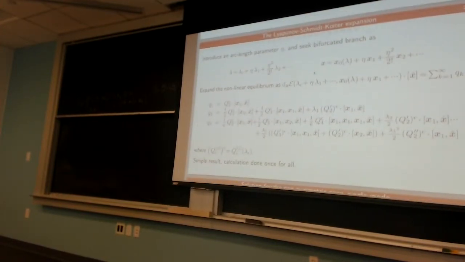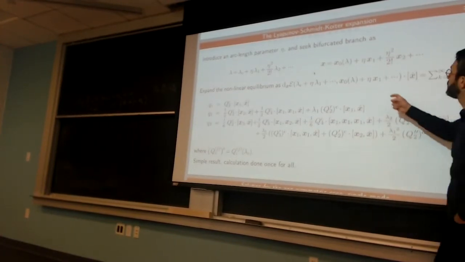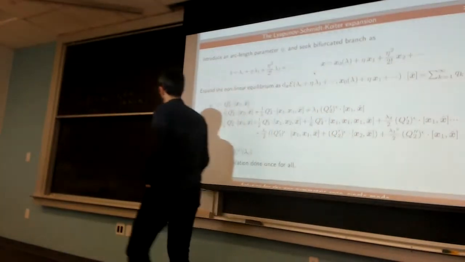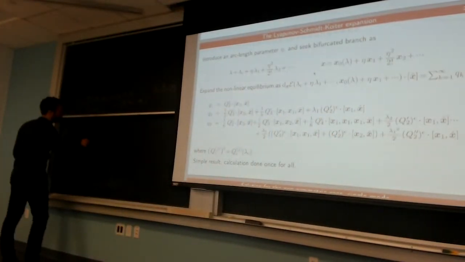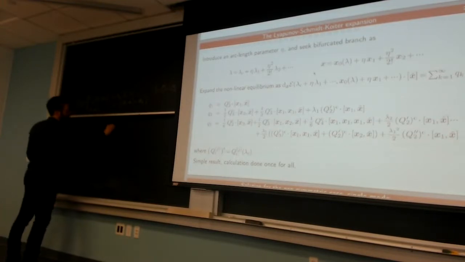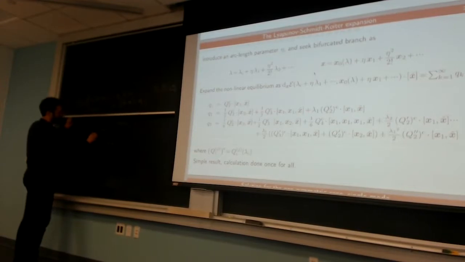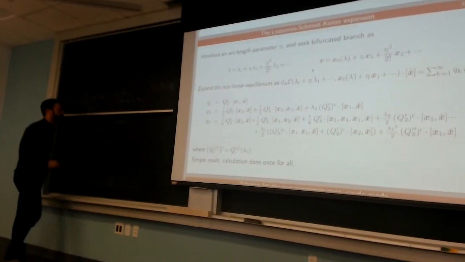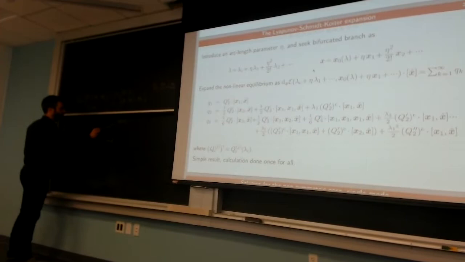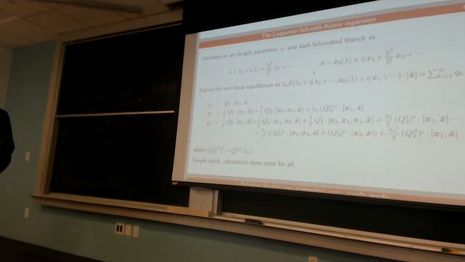Okay, so now remember the expansion uses eta as a bifurcation parameter. So we have that fundamental branch. We are lifting off from a critical point, and then we are using the arc length eta along this bifurcated branch.